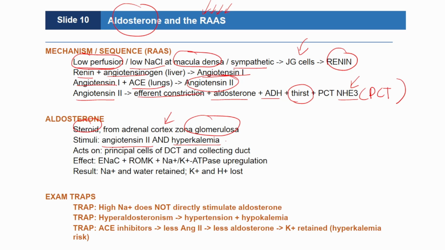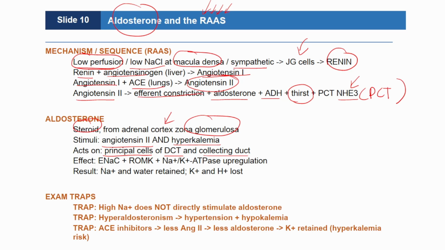Upon release, aldosterone travels to its primary target site, acting on the principal cells of the distal convoluted tubule and the collecting duct. Its intracellular signaling cascade results in the direct upregulation of three key transport mechanisms on the principal cell membrane.